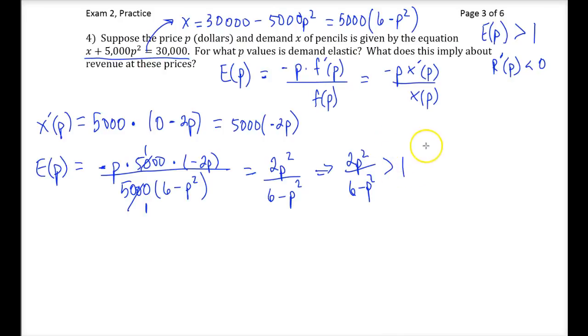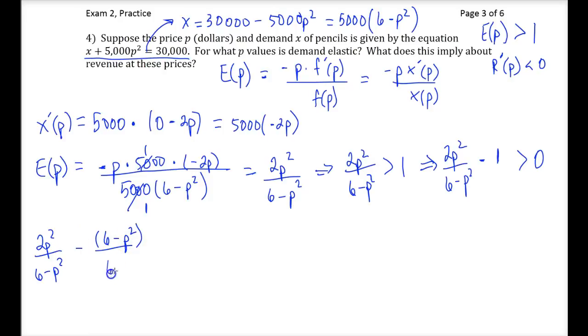Excuse me. Here what we could do is basically take this and subtract 1. Then that'll make it look like whenever this new function is strictly above the x-axis. And here we can rewrite 1 as just (6 minus P squared) over (6 minus P squared). If we did that, then this is what it would look like: 6 minus P squared over 6 minus P squared.